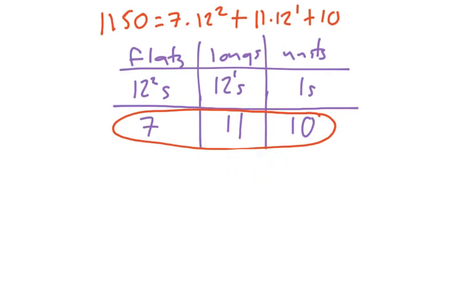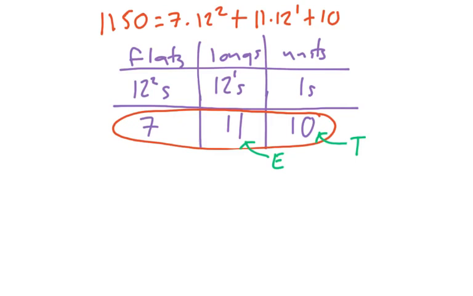What we have to remember is in base 12 and in any base greater than 10, there have to be special symbols for any number you get that is bigger than the base. So you might remember in base 12, the number 10 is represented by the letter T, which stands for 10, and the number 11 is represented by the letter E, which stands for 11.